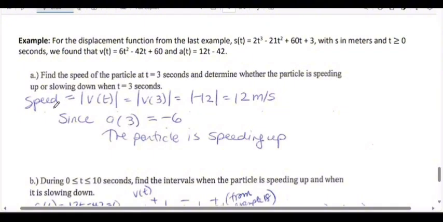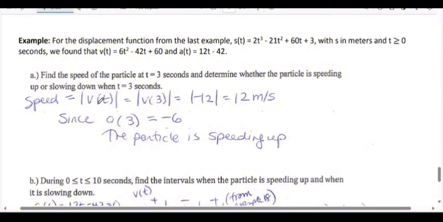Now you want to get the speed, and don't forget I told you the other time, the speed is the absolute value of velocity. I'm going to say that again. Speed is the absolute value of velocity. Whether velocity is negative or positive, the speed is still positive.